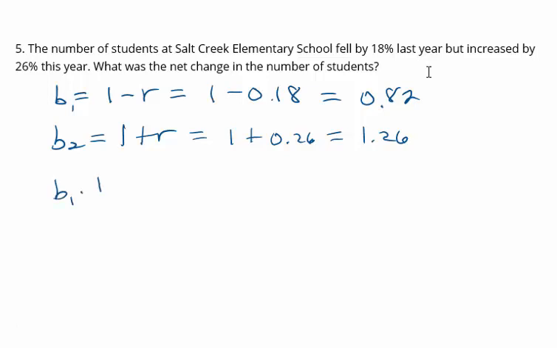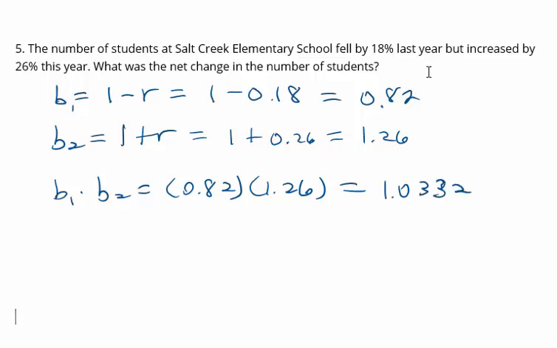Okay, so B1 times B2 is 0.82 times 1.26, and that's 1.0332. Okay, now overall, remember, compare this back to 1, and so I would subtract 1 from this and get 0.0332, and then convert that to a percentage, so 3.32%.